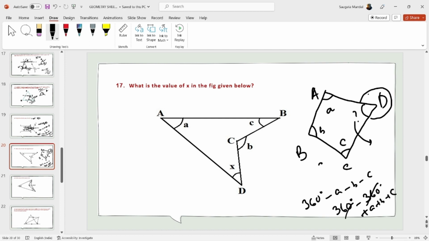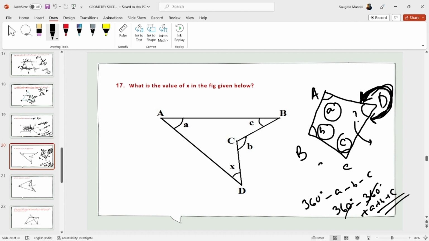That means the value of the external angle of D is equal to A plus B plus C. That means the sum of these.